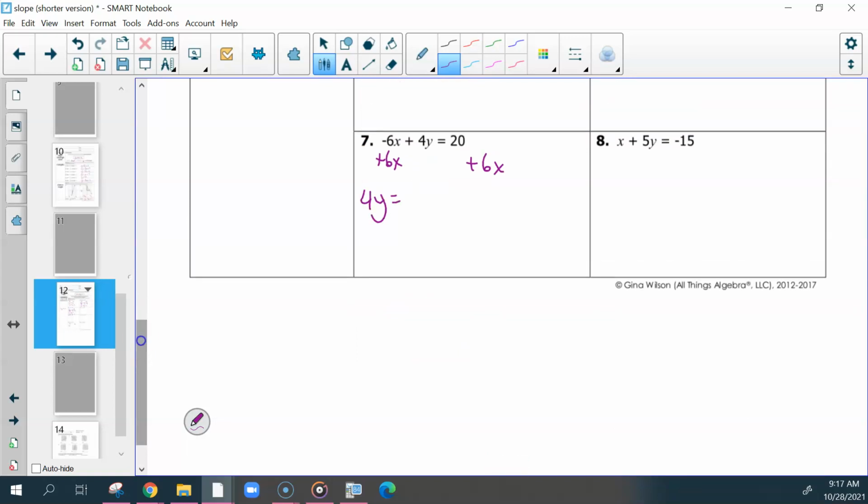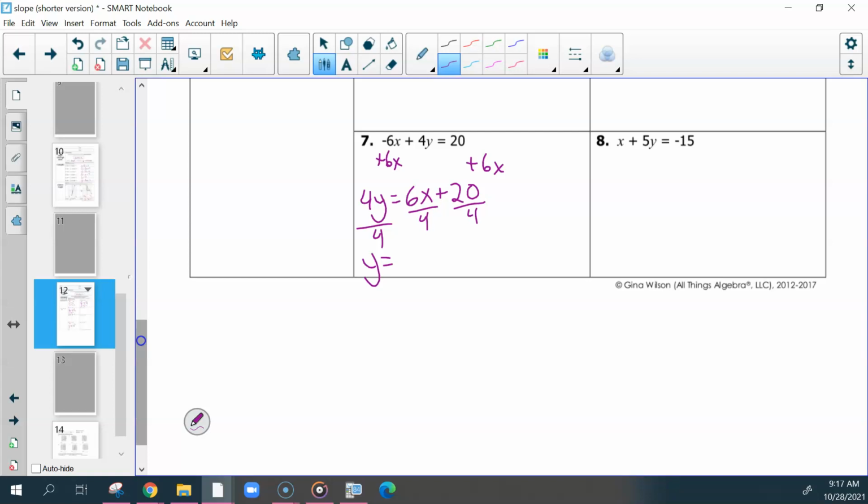I'm going to go ahead and switch these two. What would we do from there? Divide by 4. Yes, to each piece. So y equals 6 divided by 4.